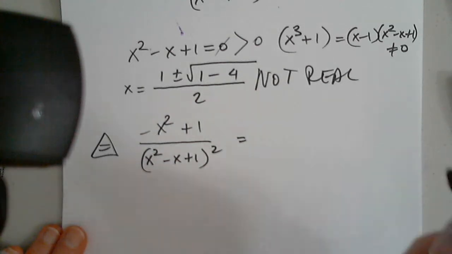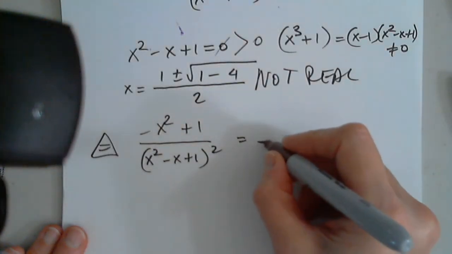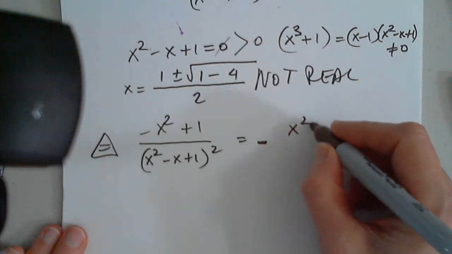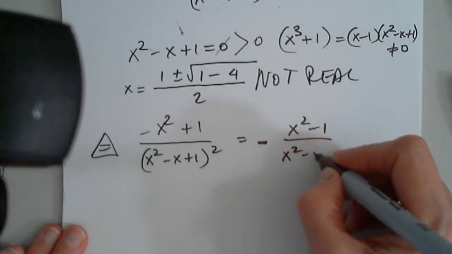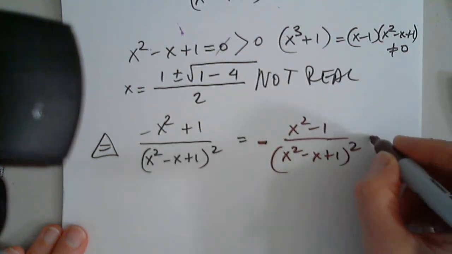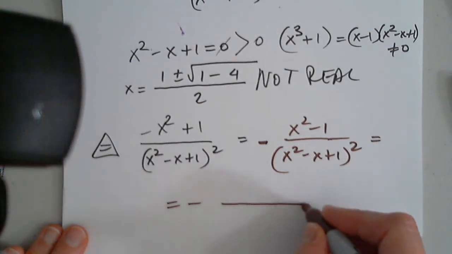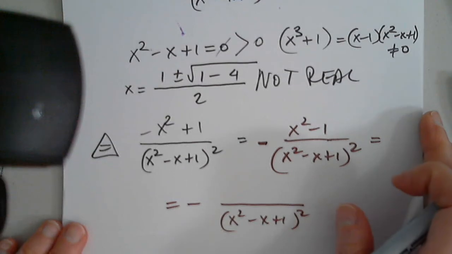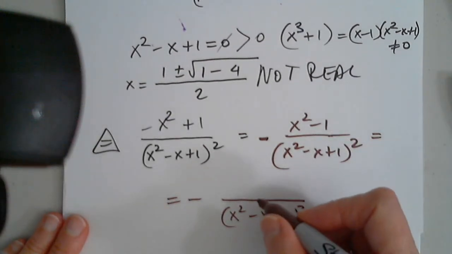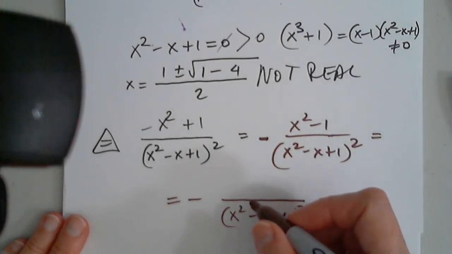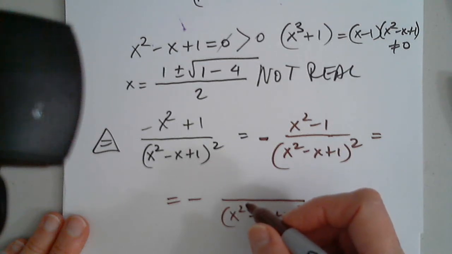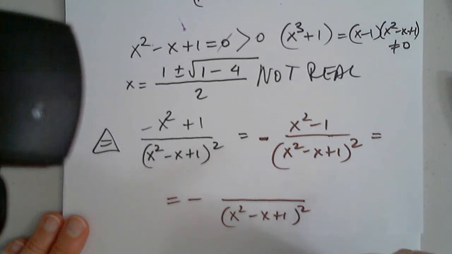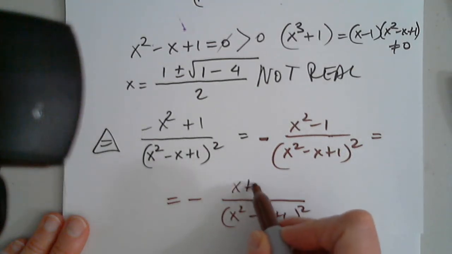Set it equal to 0. So factor out -1 and get x squared minus 1 over x squared minus x plus 1 squared. And then what will I have to do to make my life as easy as possible? You can make the top x plus 1 times x minus 1.